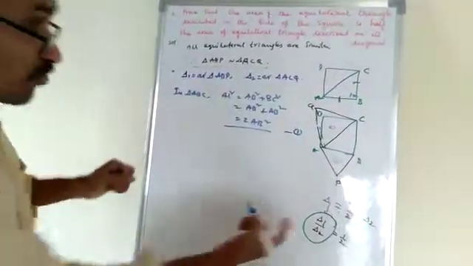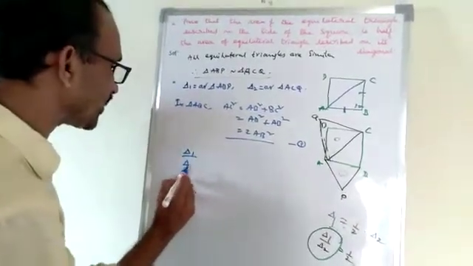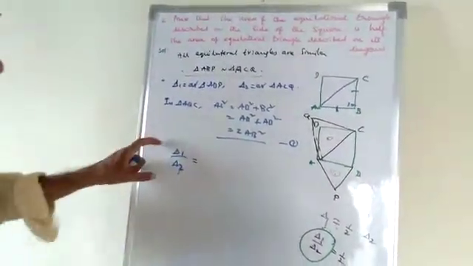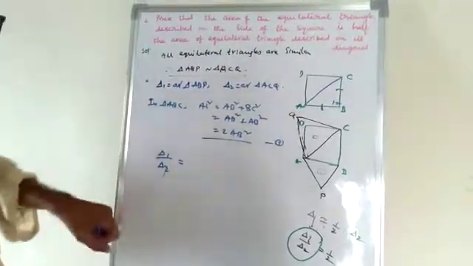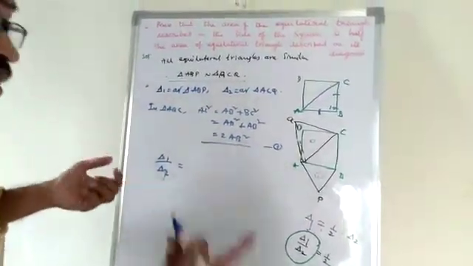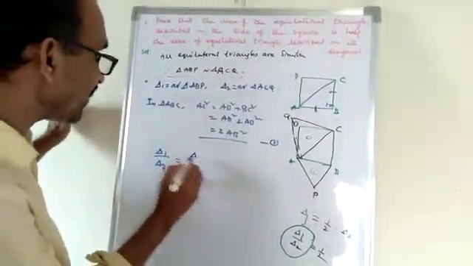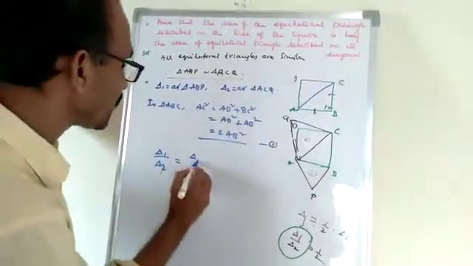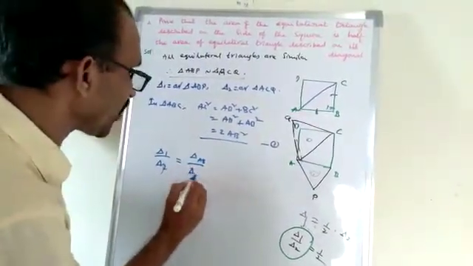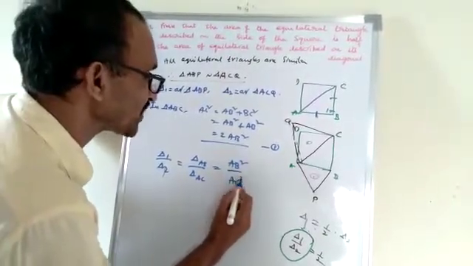So now we find triangle 1 by triangle 2. The ratio of the areas of similar triangles is the ratio of squares of corresponding sides. What is the side of triangle 1? AB. Triangle on the side AC, that is equal to AB square by AC square.